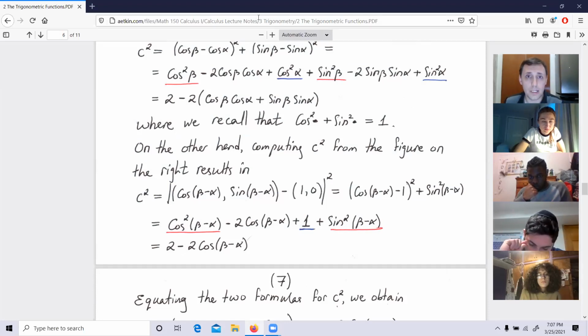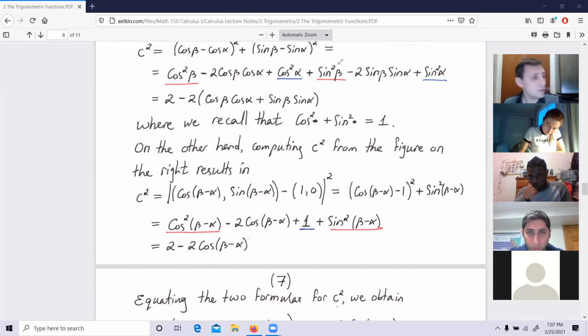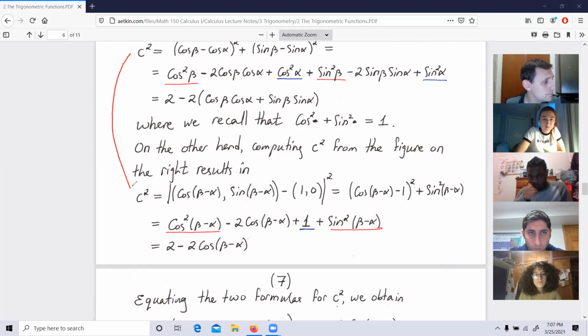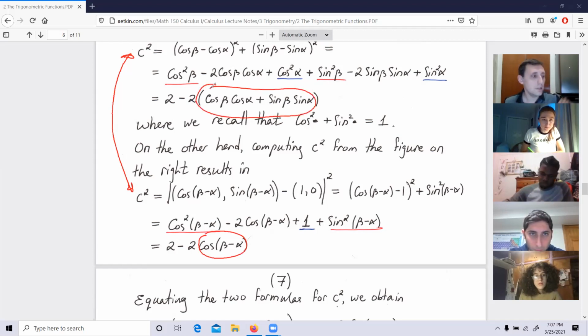Look at the formulas, guys, please. You see this part and do you see this part? They must be the same because this is equal to this.